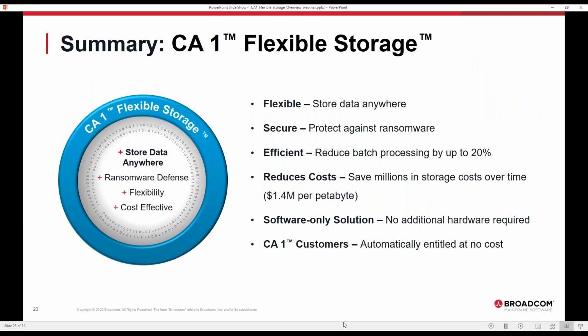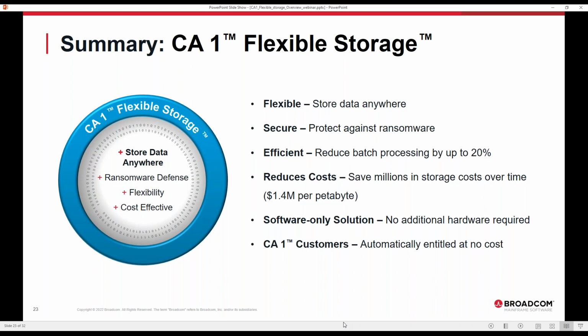So just in summary, CA1 flexible storage allows you to store your data anywhere. We can help secure and protect your data against ransomware, as well as encrypt it up in the cloud to meet your security mandates. We're able to reduce batch processing with those shortened wall clock runtimes.